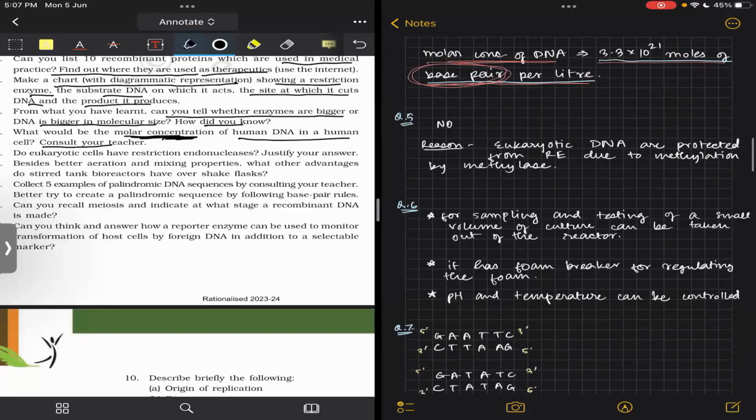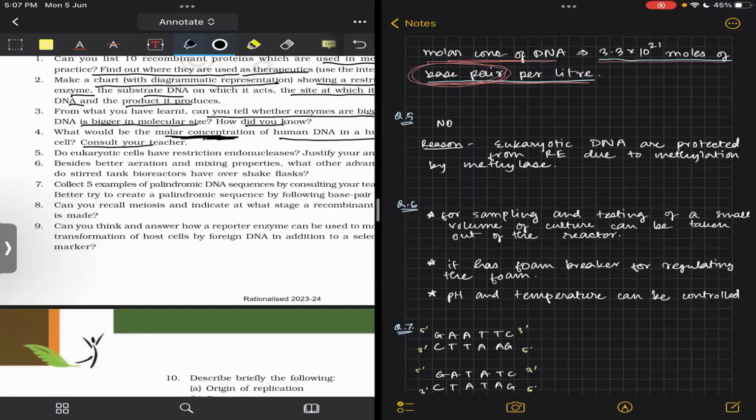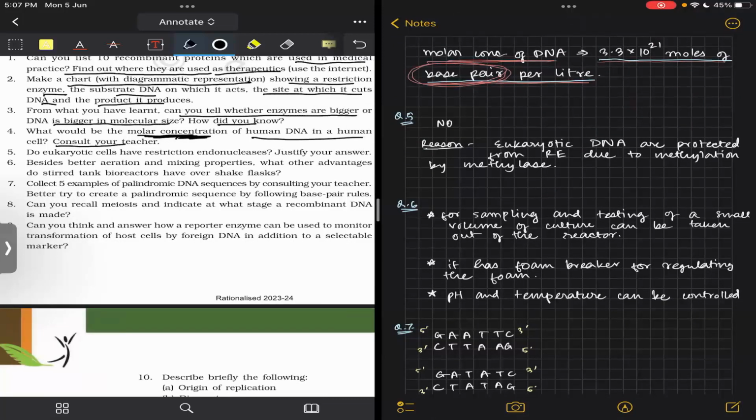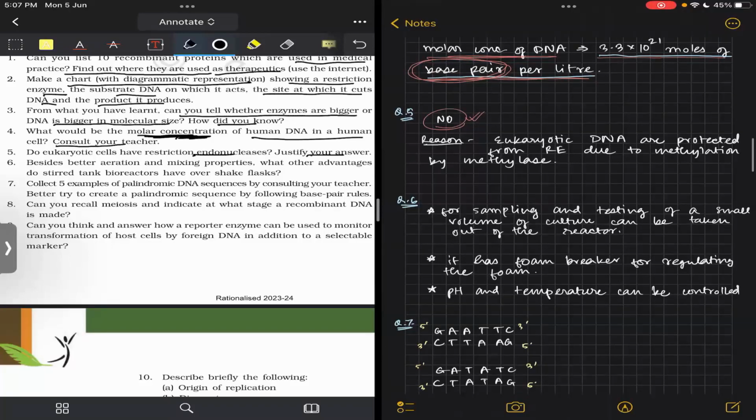Now, question number 5. Do eukaryotic cells have restriction endonucleases, and justify your answer? So the answer is no. Eukaryotic cells do not have restriction endonuclease, and the reason is eukaryotic DNA is generally protected by methylation.